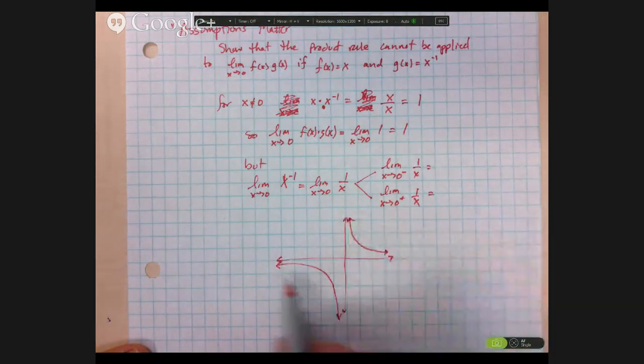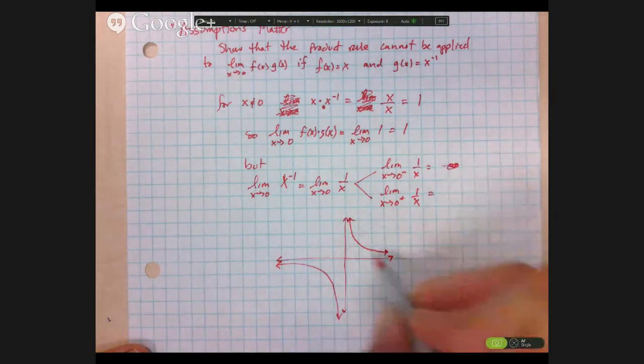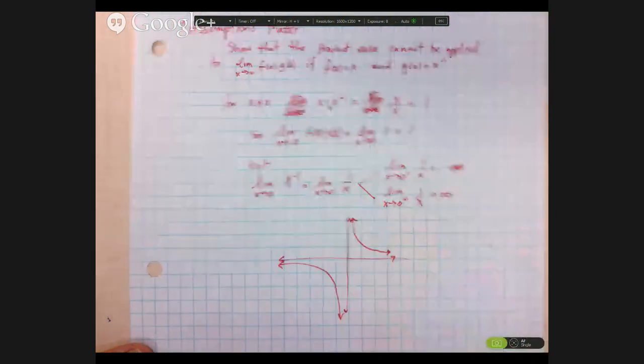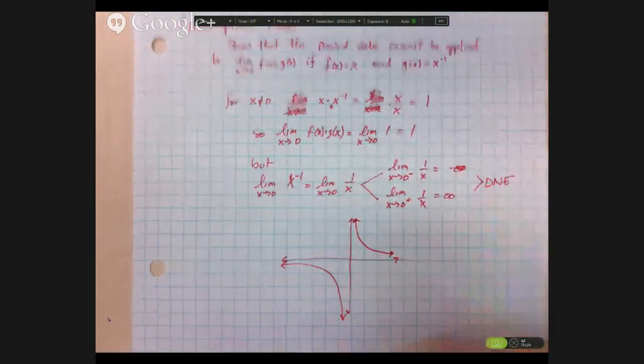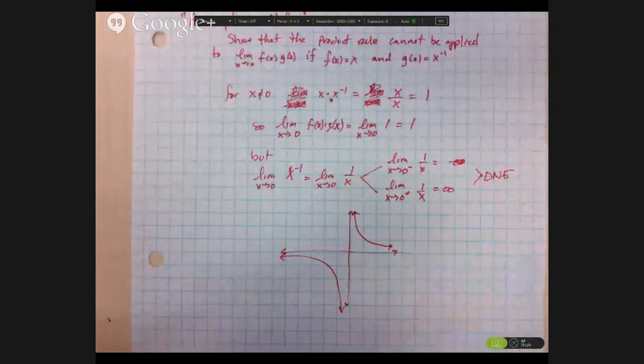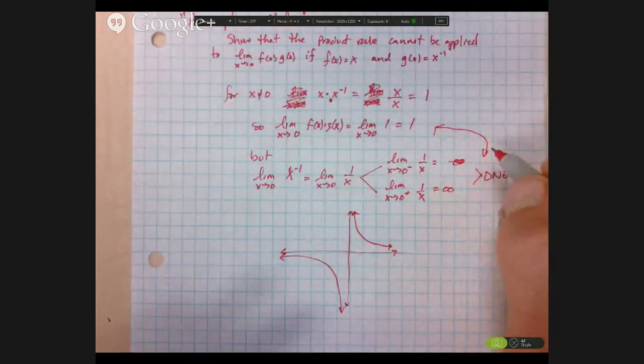From the left it approaches negative infinity. From the right it approaches infinity. So this limit does not exist. And we have a problem.